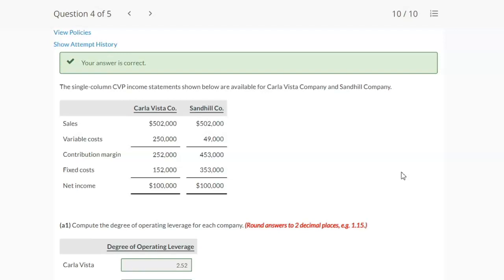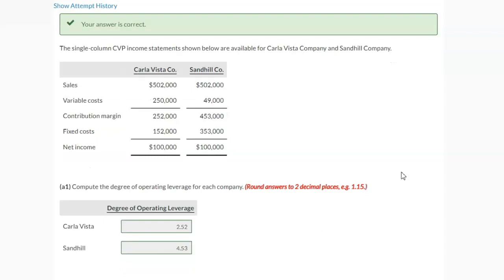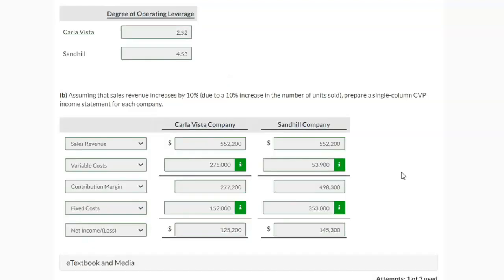If I have a leverage at 2.52 and there's a 10% increase, then I'm going to get 2.52 times that 10%. I'm going to get a 25.2% increase in my profits. So go down to my profits. And what do I have? 125,200. You see, I have a 25.2% increase in my profits.